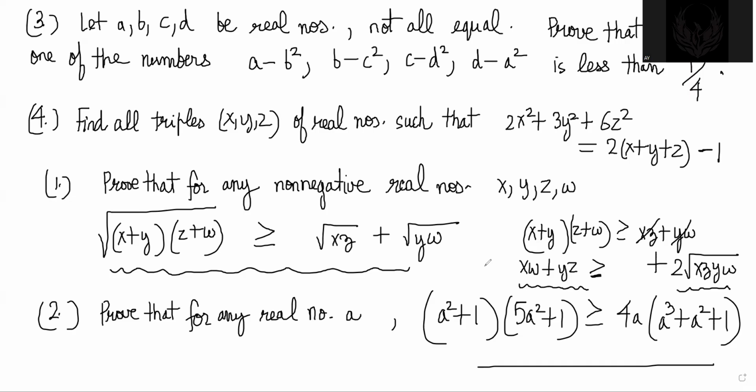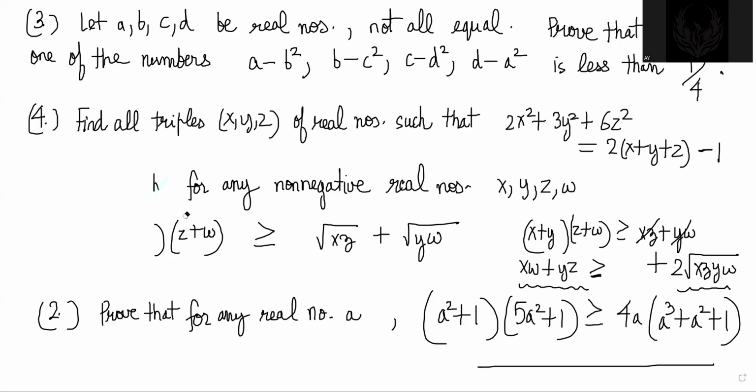The inequality is true because it can be rewritten as root over xw minus root over yz, whole square, is greater than or equal to 0, which is always true. So that is one way in which we have applied that some perfect square will always be greater than or equal to 0. Okay. Second one, I'm still doing.